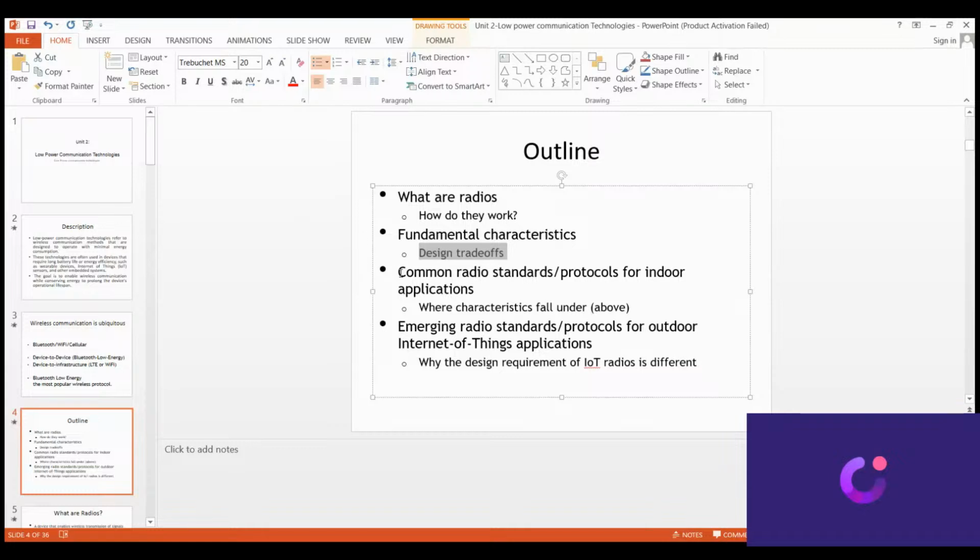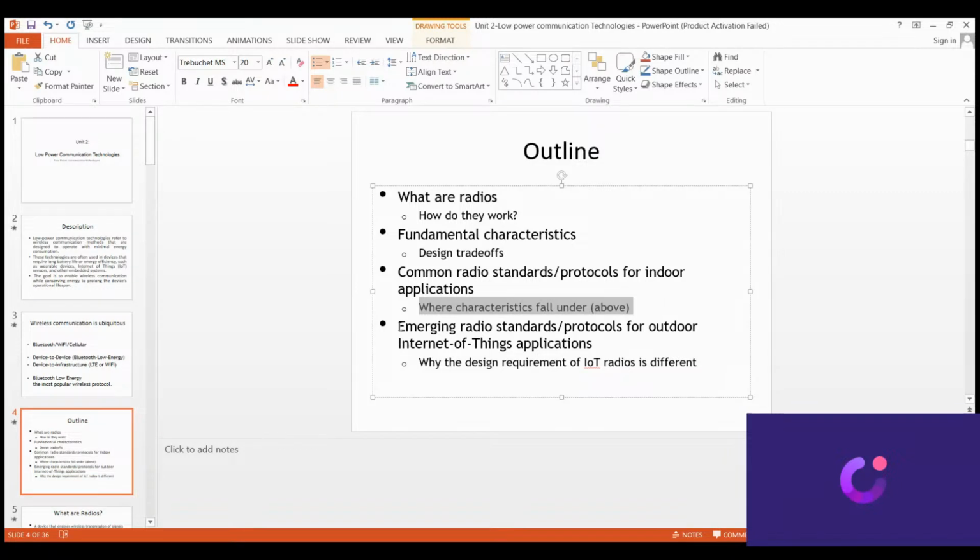Then we look at the common radio standard protocols for indoor applications, and their characteristics.